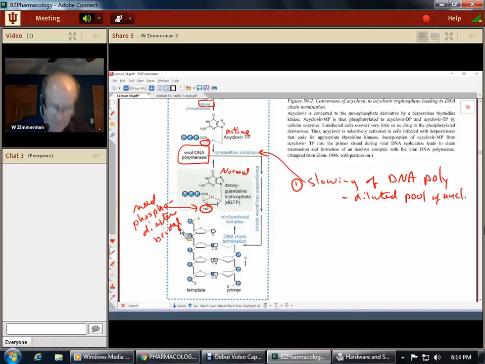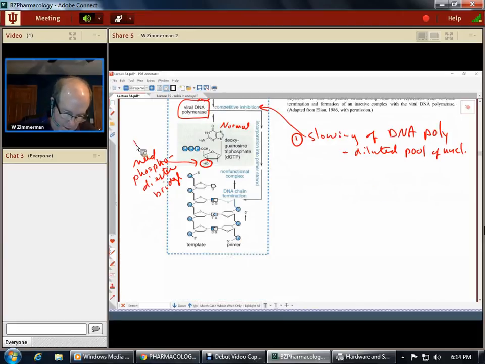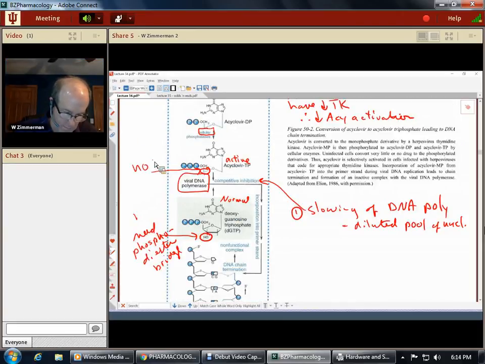Well, there is no 3' hydroxyl on our acyclovir.